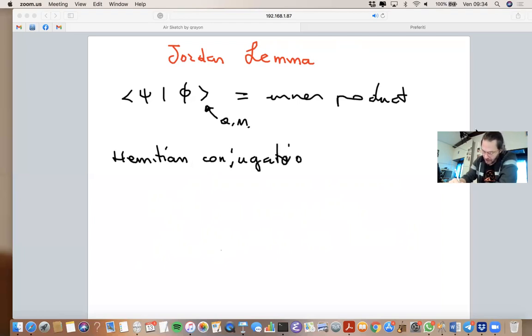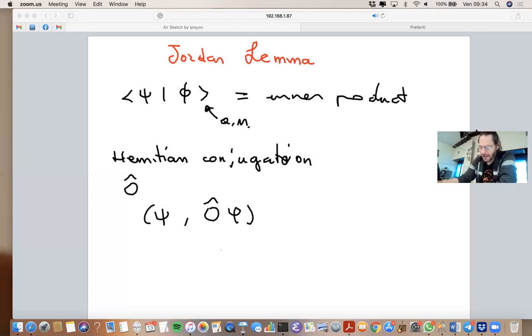In Hermitian conjugation, let's consider some generic operator O. Then I can always take two vectors, so I'm mixing the notations here, let O act on phi, and then take the inner product with psi. This is basically what we were doing to build the matrix element operation, right? You get the operator acting on the first vector, and then you take the inner product with the second vector.